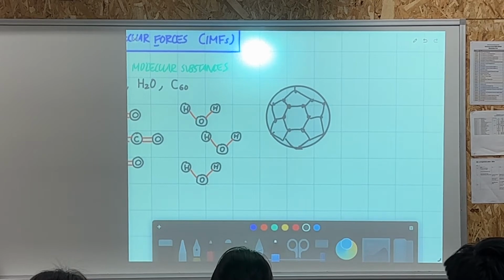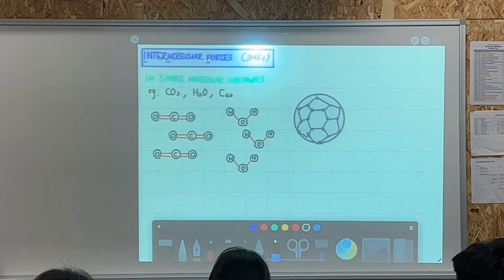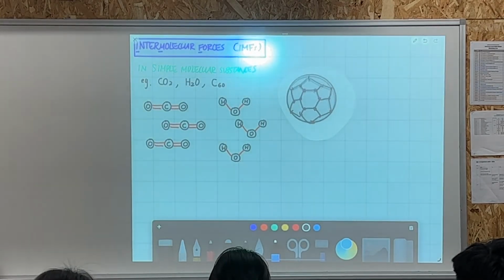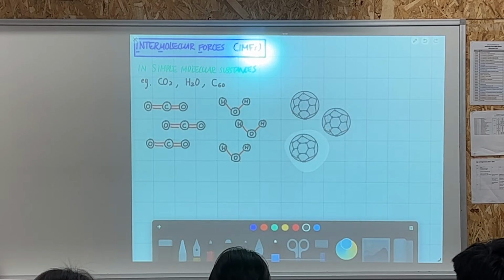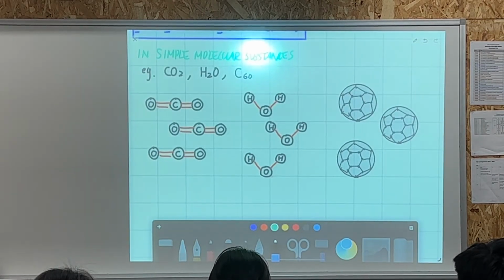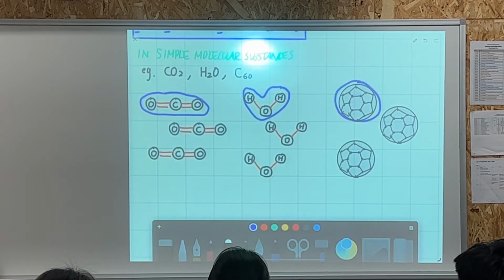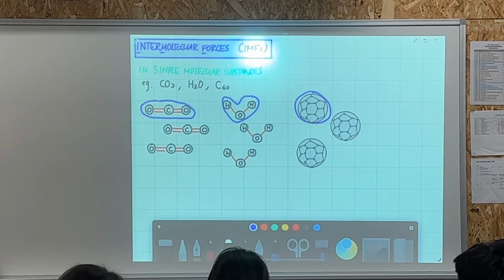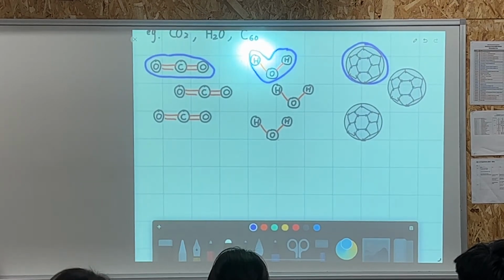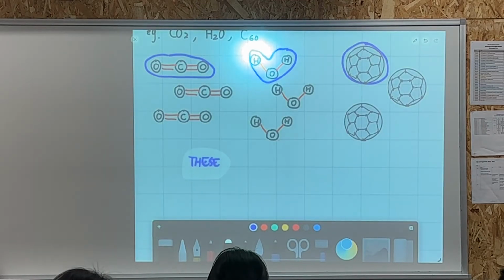At each of these junctions you will find a carbon, and if you have 60 of them bonded together to form this cage-like structure, we call this a C60 molecule. So each of these is a molecule. We say in these structures, they are discrete molecules. So all these examples, why are they called simple molecular substances?